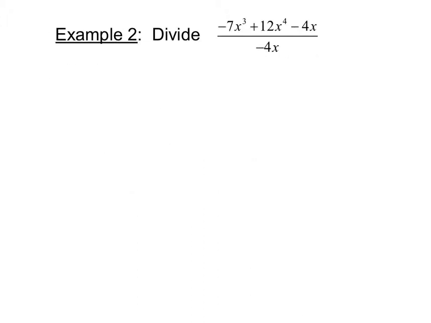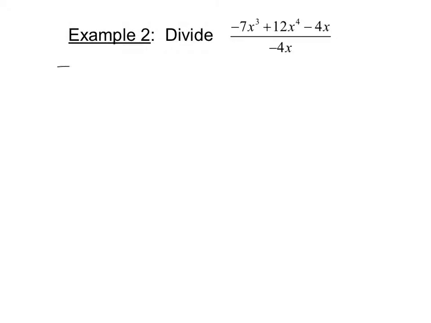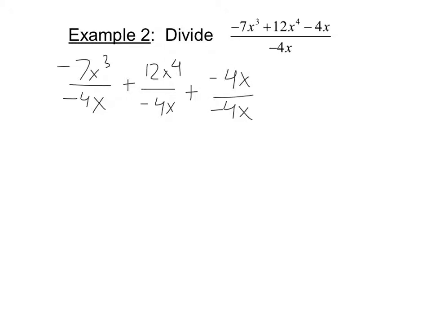Alright, so again, just separate it. Negative 7x to the third over negative 4x plus 12x to the fourth over negative 4x plus negative 4x over negative 4x.